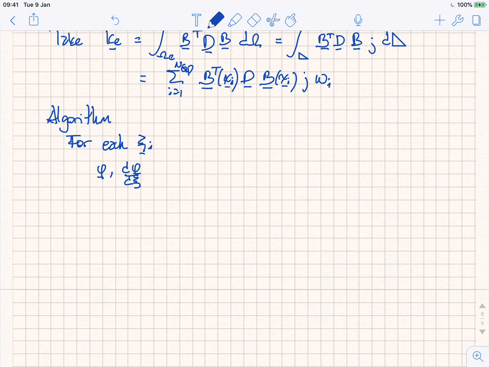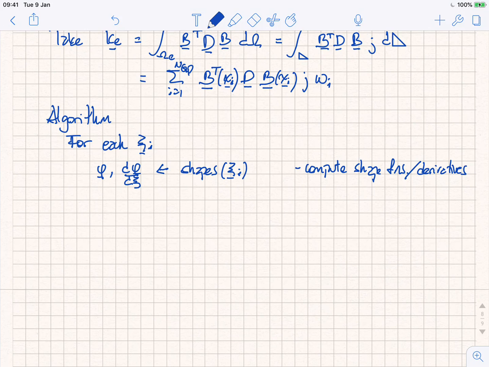Let's say a function shapes does this job, and I pass to that function, of course, the Gauss point. So this is compute shape functions derivatives.